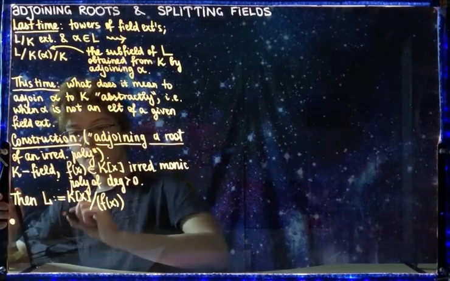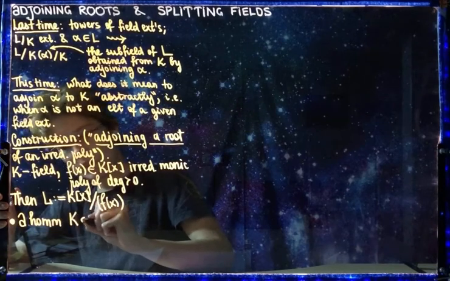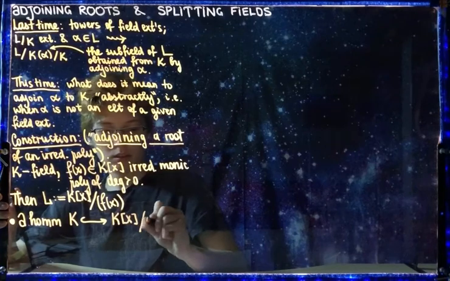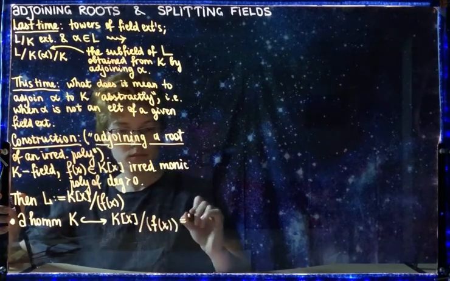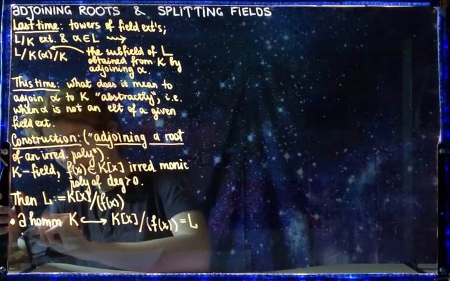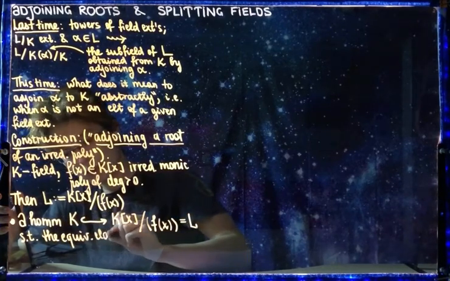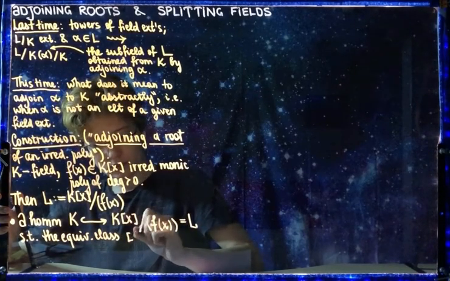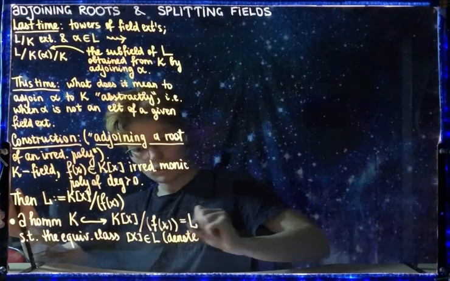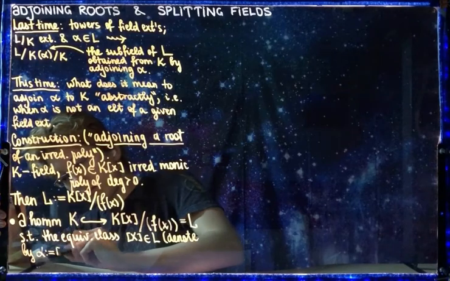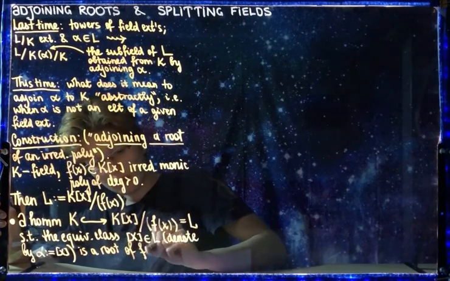What we can observe is that this construction comes with an injective homomorphism from K into K adjoin x, mod out by the ideal generated by f, such that the equivalence class of x, which I will denote by alpha, is a root of the polynomial f of x.